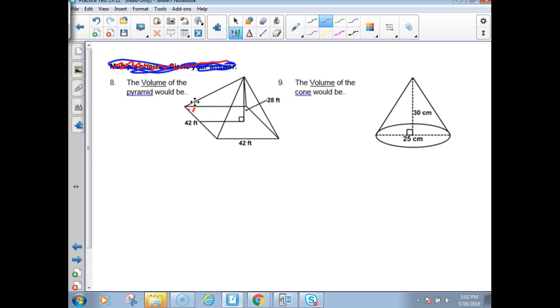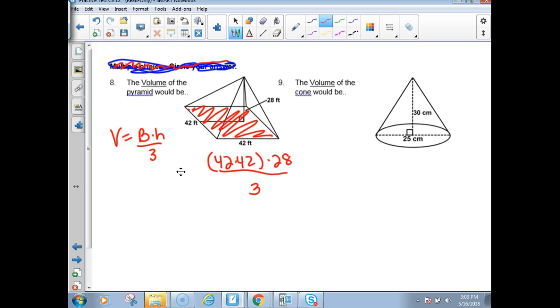So, volume of a pyramid again is area of the base times the height divided by 3. The base of this is a square. That's the big B. So you got to do 42 times 42. Now that's your base. Your height's 28. It's all given. So this is a basic question and it tests whether you can follow the formula.